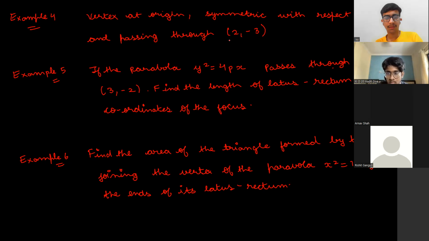Arnav correct, Adit correct. Okay, so what I was going to explain is every time take the positive parabola. Irrespective of the coordinates, you have to think whether we need the one symmetric about the y axis or the x axis. Of the two parabolas, you have to always take the positive one.